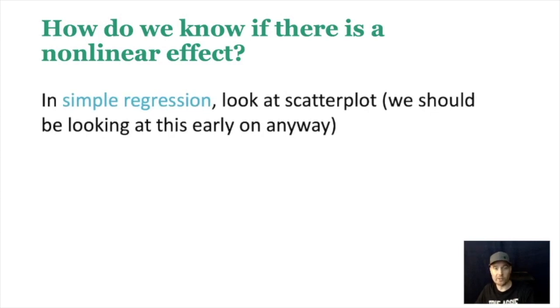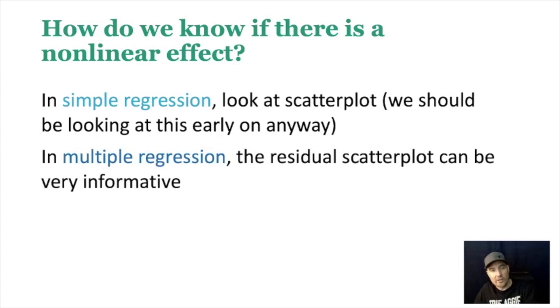Well, in simple regression, to find it, we really want to look at a scatter plot. We should be looking at this early on anyway. We always want to see, does the relationship look like a regression could explain it well? Well, maybe our relationship kind of looks like that. And so if we look at the scatter plot, we could know it looks like there might be a nonlinear relationship here.